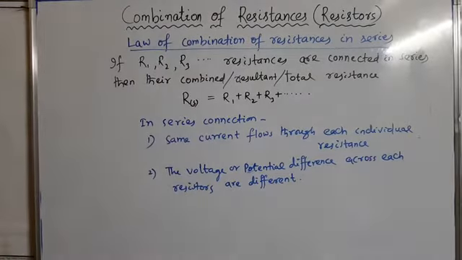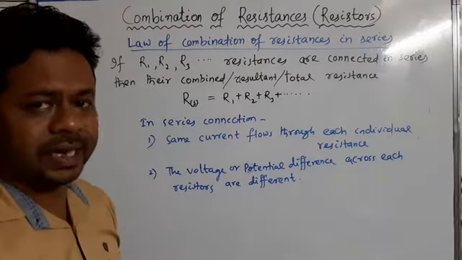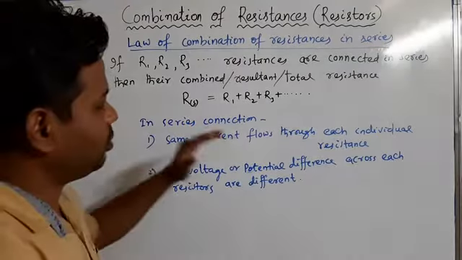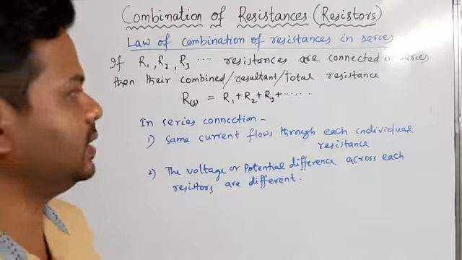It means the current through each resistor is the same, whereas the potential difference or voltage across each resistor is different.